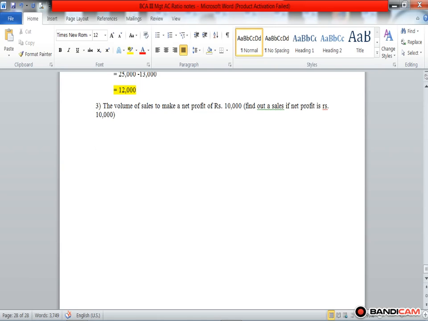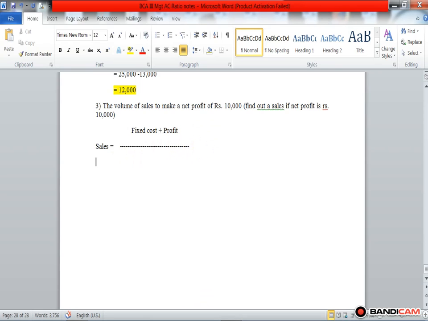Solution for the third point: sales is equal to fixed cost plus profit, divided by PV ratio. Profit is given, fixed cost is given.